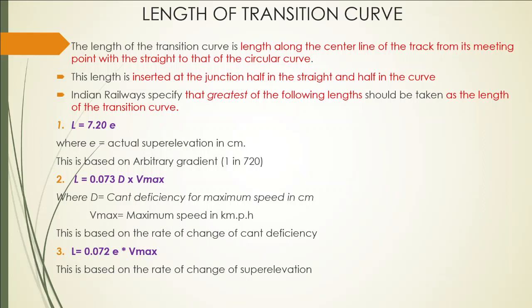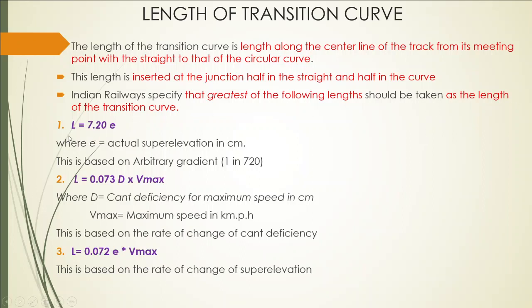Yes, so Indian Railways specifies that the greater of the following lengths should be taken as the length of the transition curve. According to Indian Railways, these three formulas are used to calculate the length of transition curve, and from these three, whichever value is greater is considered as the length of transition curve.